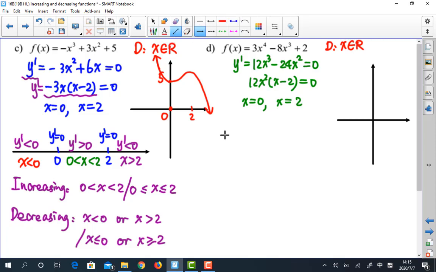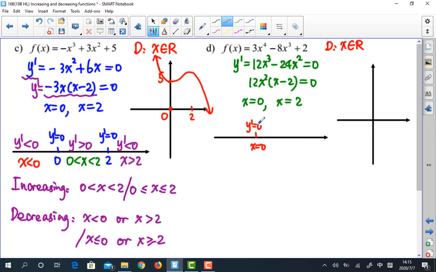On the number line, let's label these 2 points. So one is x equals 0. At this moment, y prime is 0. X equals 2, also y prime equals 0.